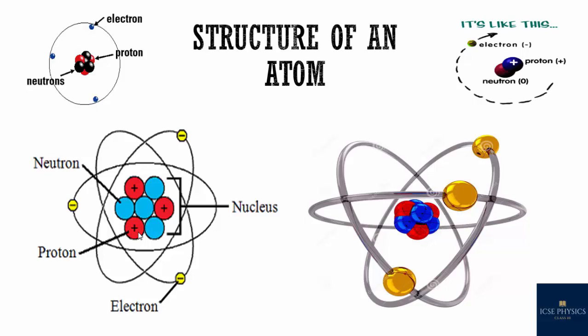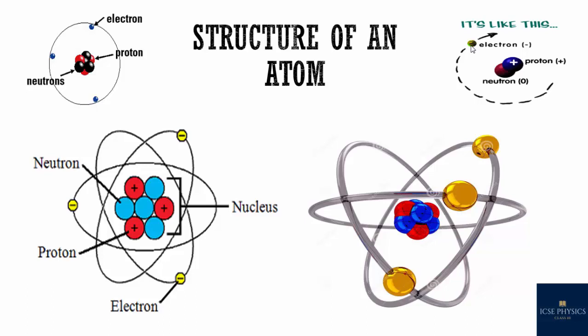One thing we know from here is that the proton charge is the same as the charge of an electron, but the proton is positive and the charge of an electron is negative. What about the size, you may ask? The size of an electron is very small in comparison to the size of a proton. So size wise, the electron is much smaller than the proton and neutron.